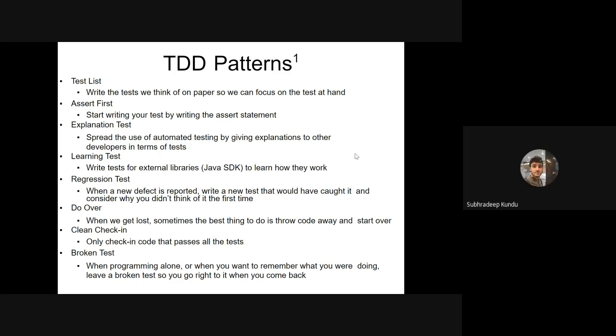In case there is a change in the business requirement, then we have to start all over again? If there is a change to the business requirement, then we add a test case for that particular business requirement.